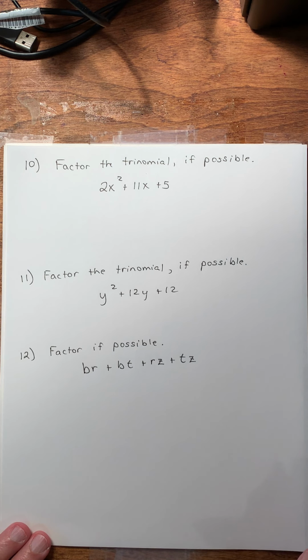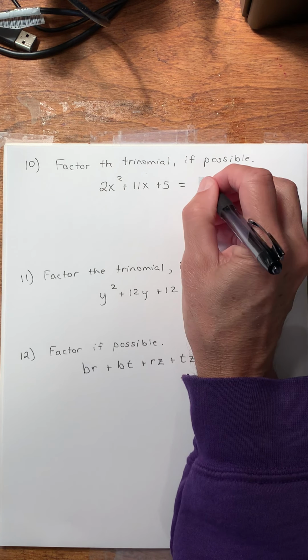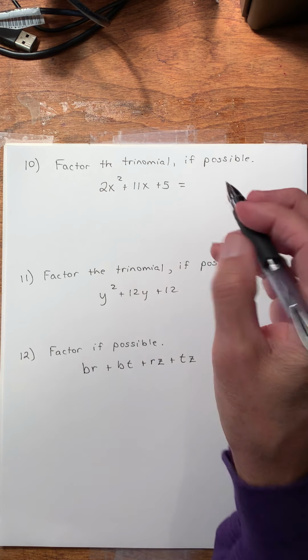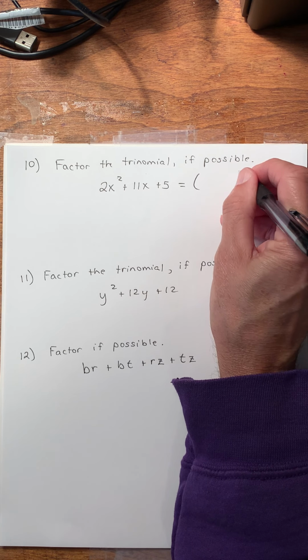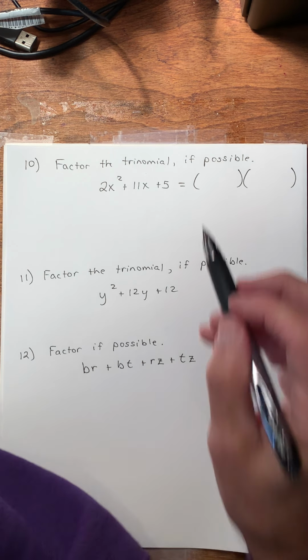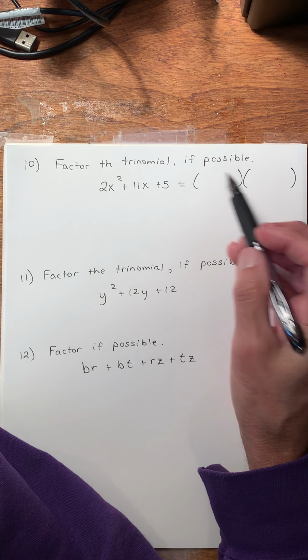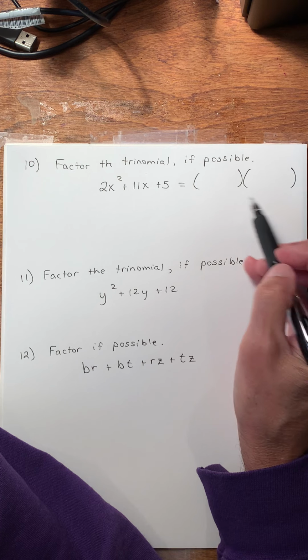All right, your next section is factor. Factor the trinomial if possible. Keep in mind that as we factor a trinomial, certain things are obvious, because when I multiply these two binomials, I will be FOILing them.